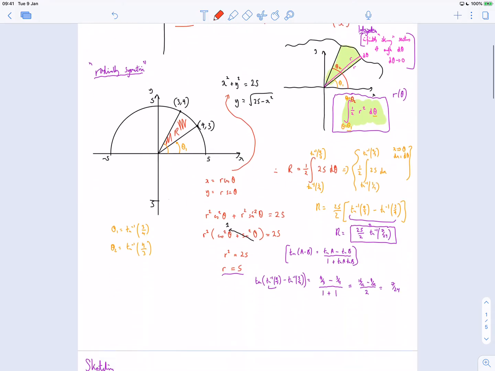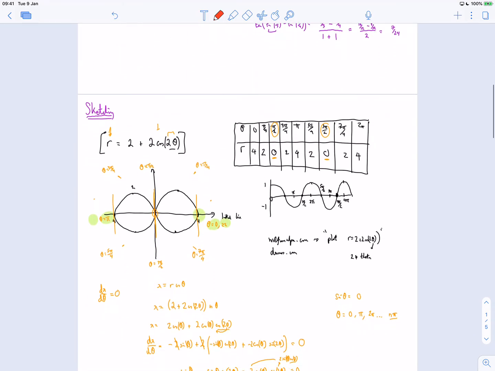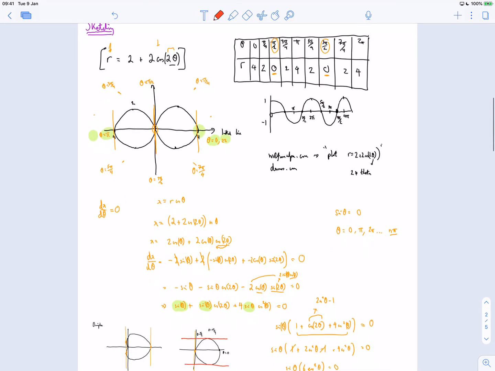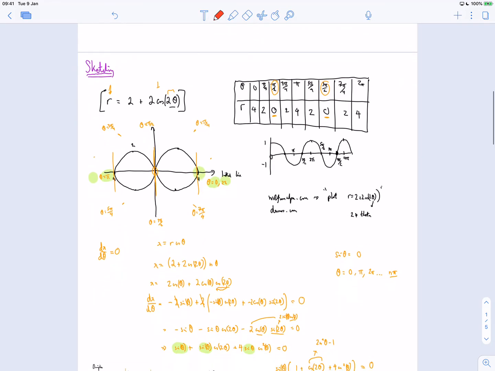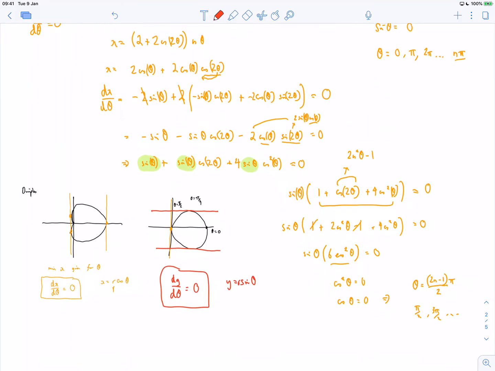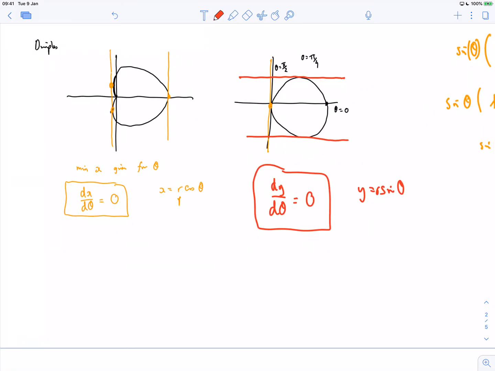Cool. Right, well that's pretty much all you need to know for polar coordinates. Being able to sketch them, find areas, find equations of tangents. Well, there's nothing really new here. If I want to find the gradient in terms of polar coordinates, well, this isn't anything new.